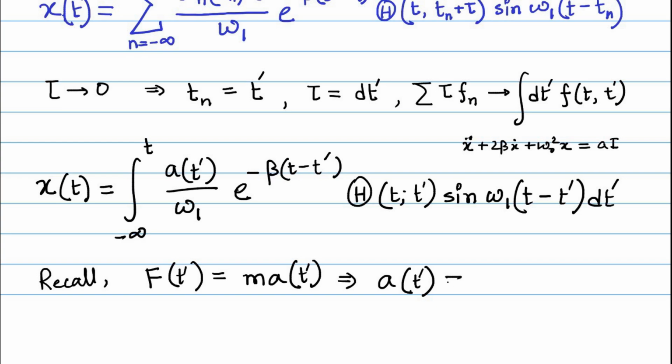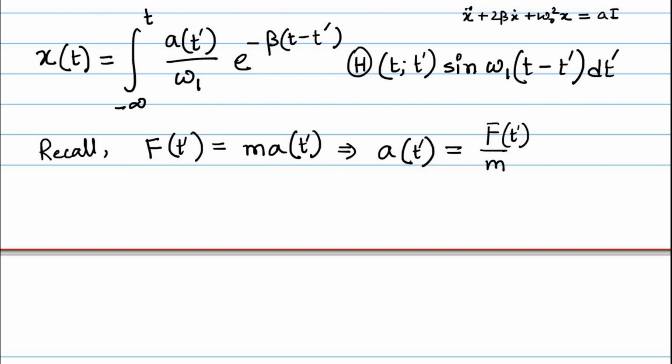So a is f divided by m, and we can substitute this in here, okay, and we find out the solution in terms of the external input function or external source or the non-homogeneous part. So substituting, we get x of t equals the integral from negative infinity to t.